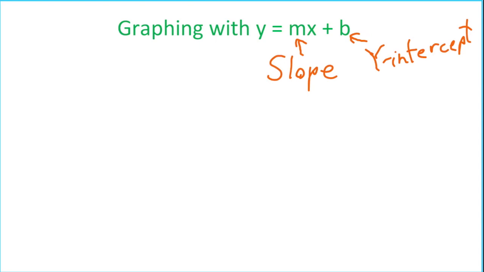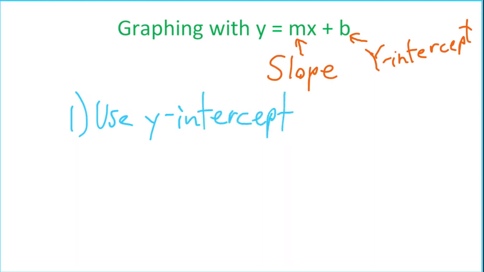So the first step is you're going to use your y-intercept, which is our b value, to place a point on the y-axis.